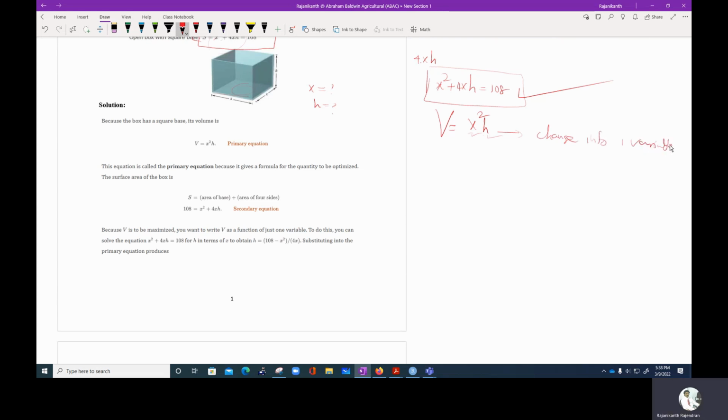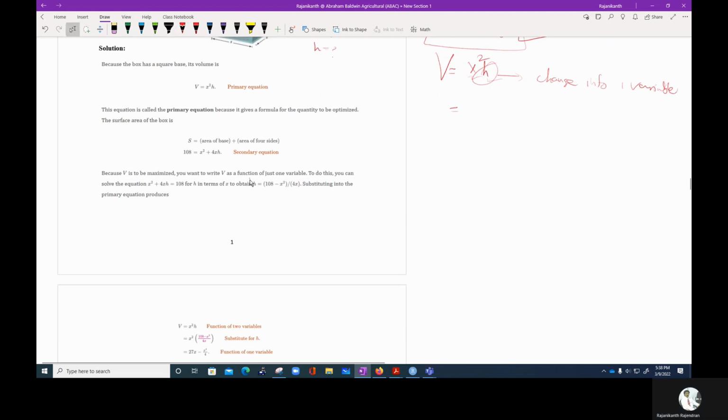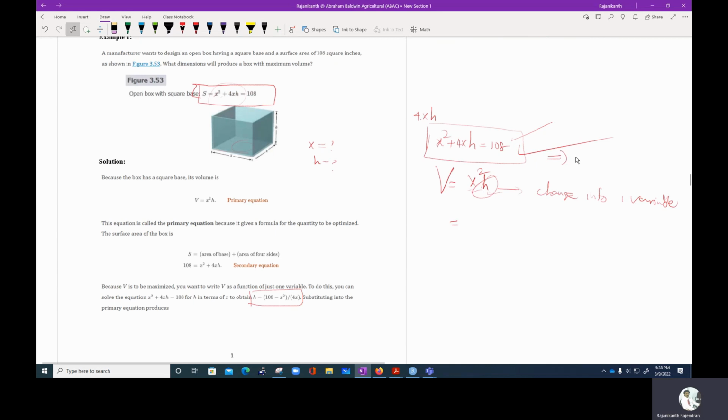That means I'm going to get rid of h. How? By looking at the condition you have. What you want to do is solve the condition equation for h and plug it in for h, and you will get all the terms in x, right? That's the work they have done here. Solving this condition equation for h will give you 108 minus x squared over 4x.